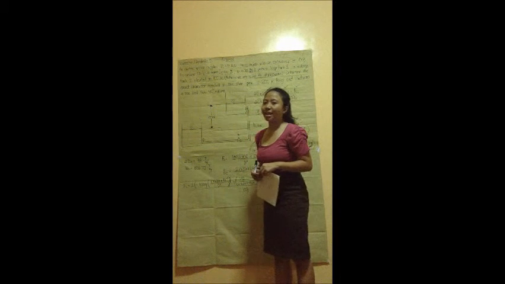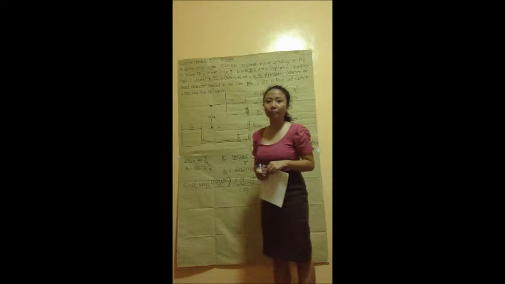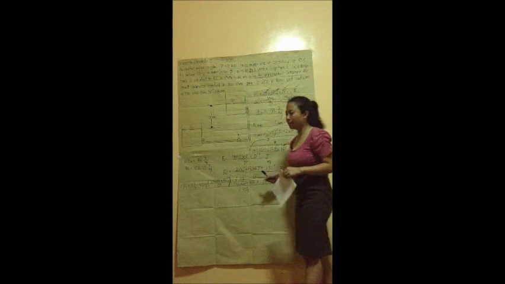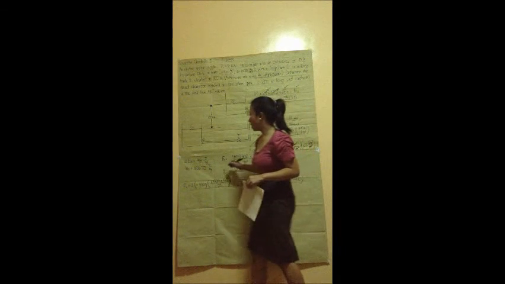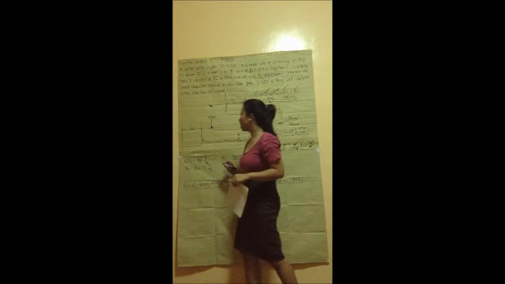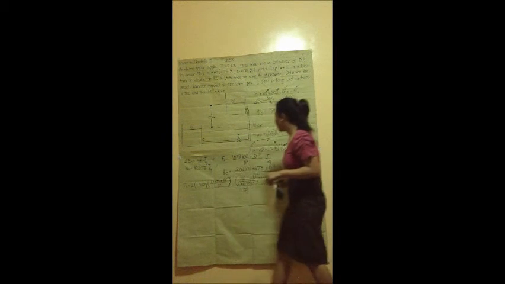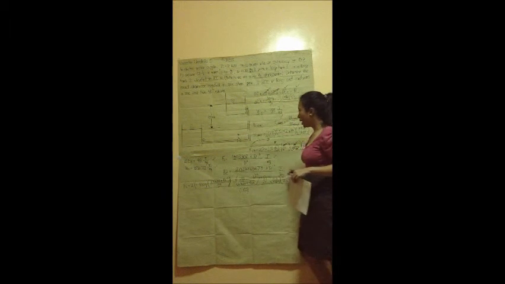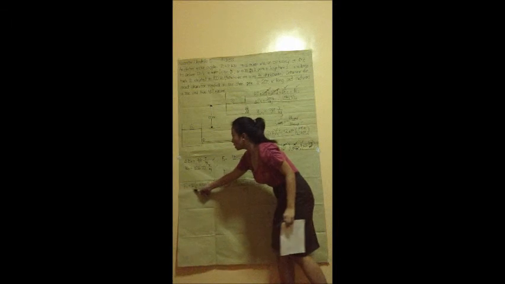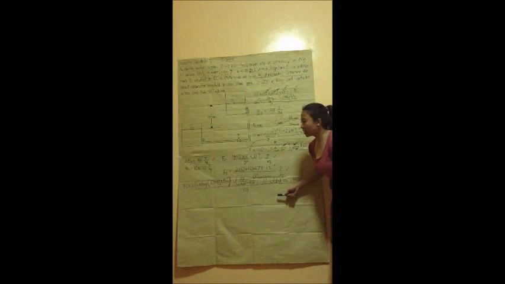As you can see, I summarized everything that we have obtained a while ago in this piece of Manila paper. We got the change in potential energy, the shaft work, the friction due to contraction, and the friction due to expansion. This is the simplified value for the FL.